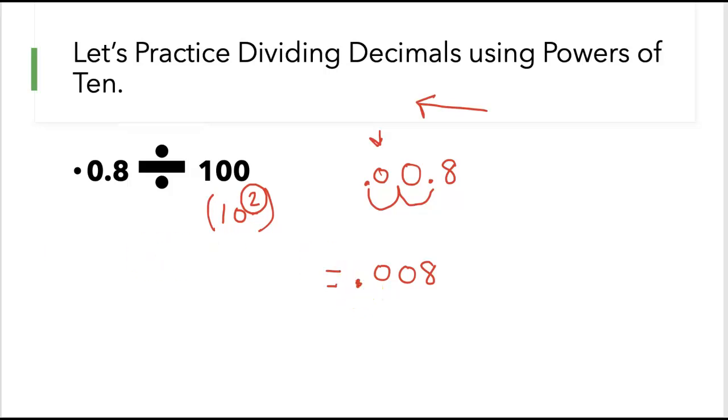Let's look at another one. Say I have 862 and 1/10 divided by 10 to the 4th. Well, this exponent is going to tell me how many places to move my decimal to the left, not to the right.